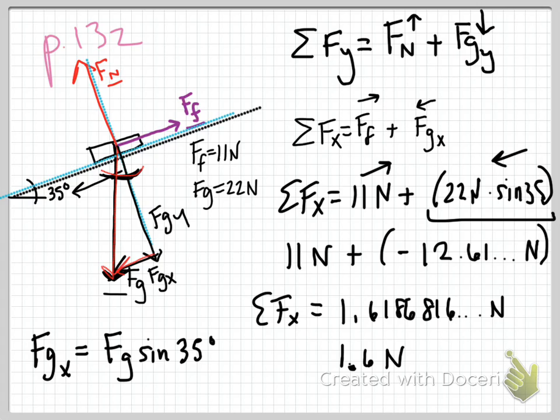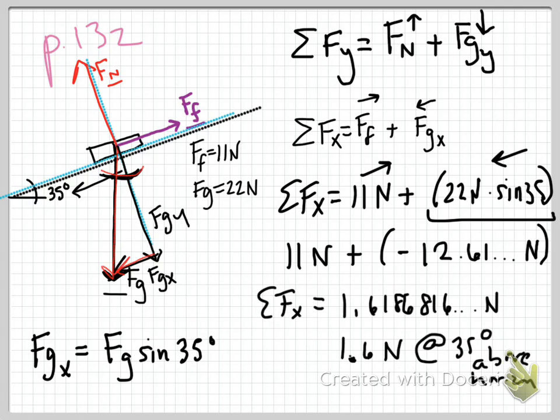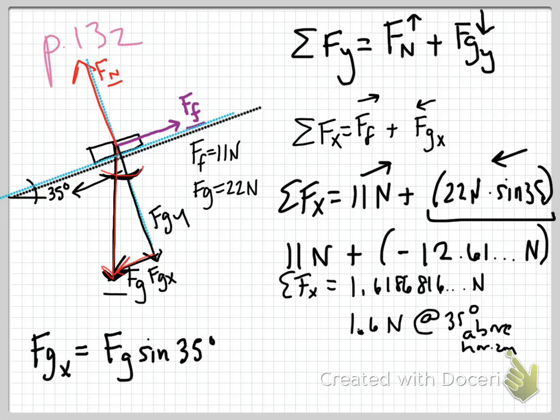And in this case, you can say at 35 degrees above the horizon, but that could be up or down the slope. So in this case, you'll also want to make sure that you specify down the table. And a lot of sources will just say 1.6 newtons down the table and leave off the 35 because we know that 35 degrees is the slope of the table.